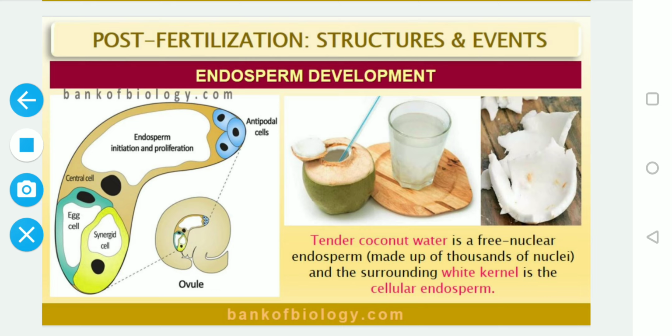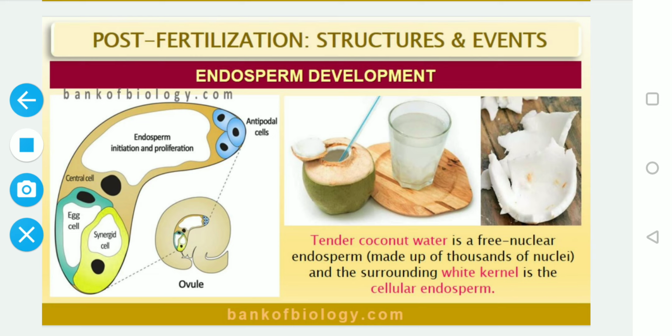I think you must have experienced this. If the tender coconut water is sweet, it contains thousands of free nuclear endosperm nuclei. But if the tender coconut contains a very thick white kernel, that means cellular endosperm is present.